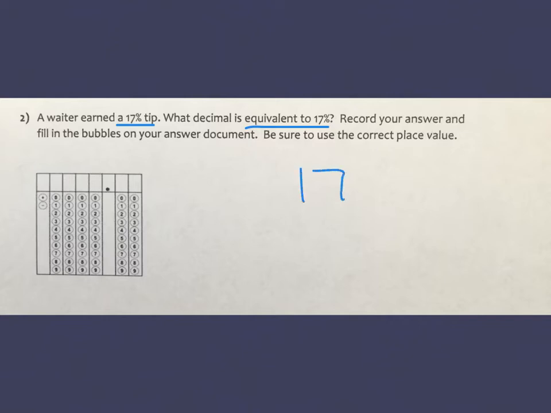So we have 17%. Now remember, we need a decimal. So to change a percent to a decimal, eliminate the percent sign. Move your decimal 2 places to the left.